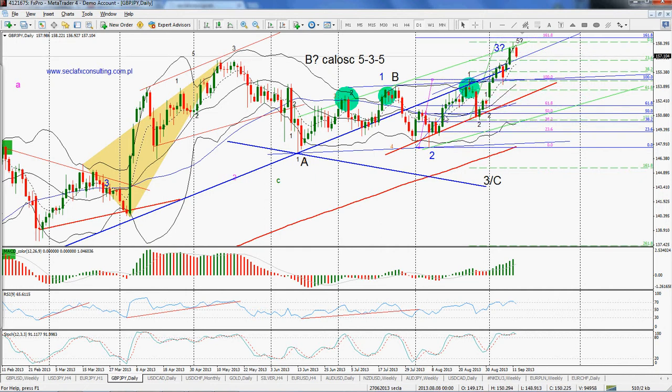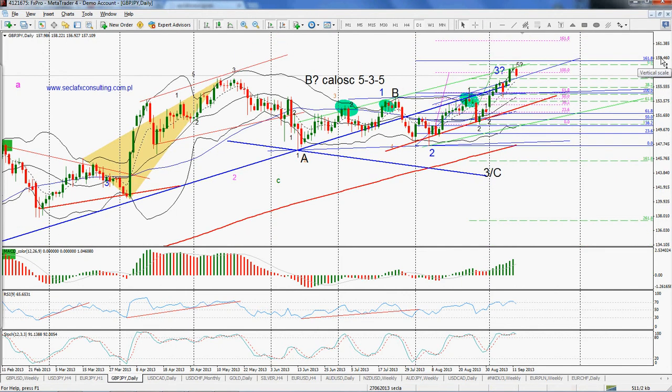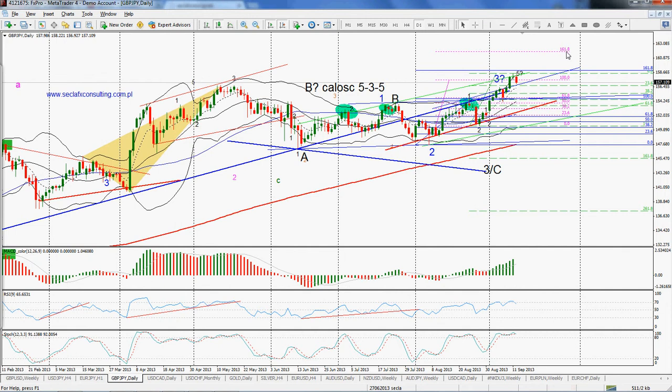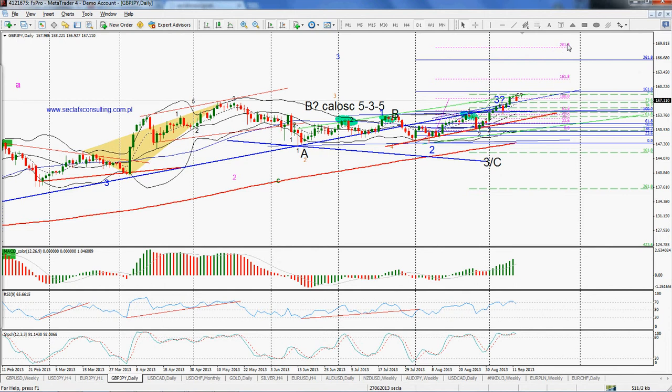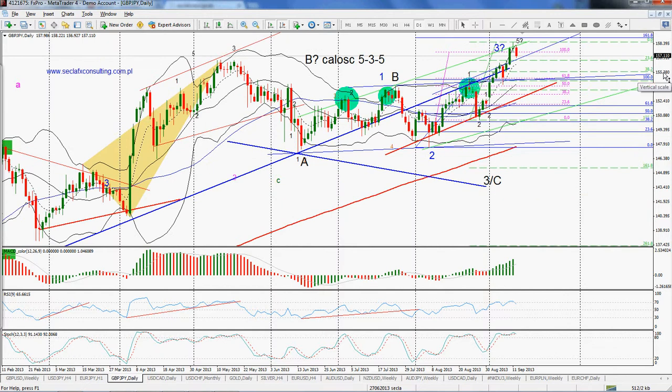So that's the first leg, the first wave. Then you move it to the beginning of the third wave. The third should be the strongest, the biggest one, and can typically reach this 161 level, or this 261. I think in this case this 161 will be the target.